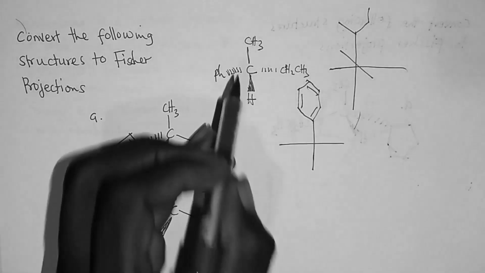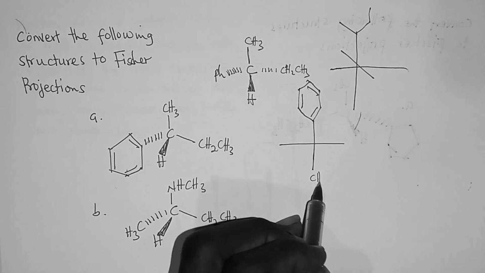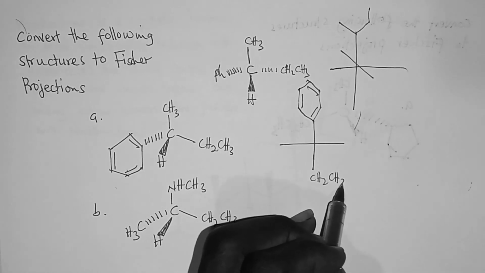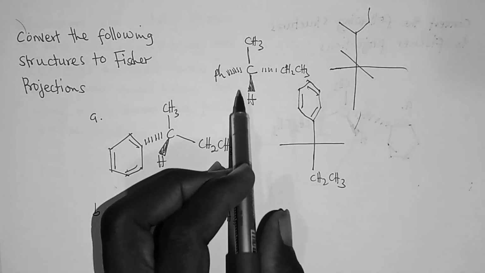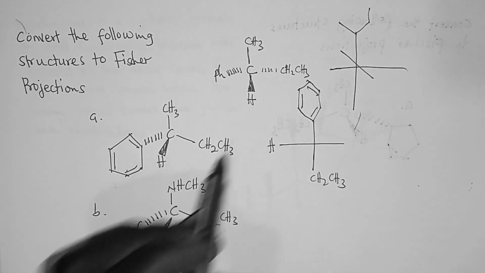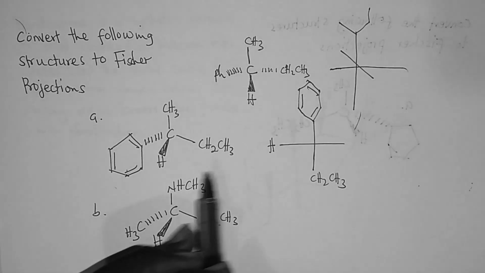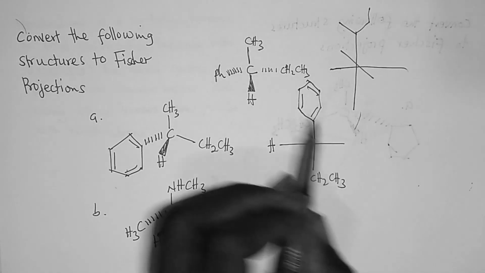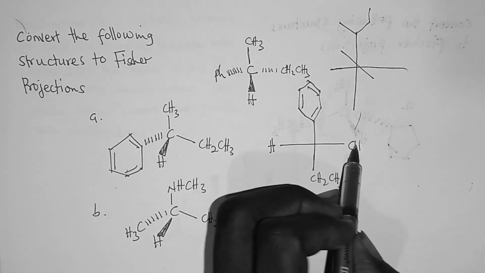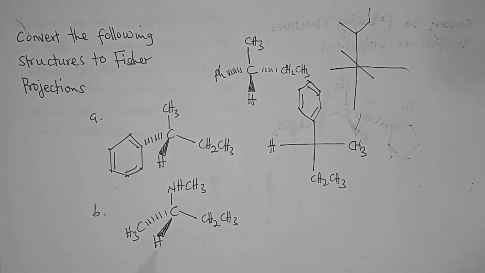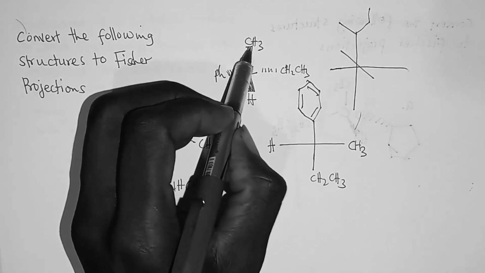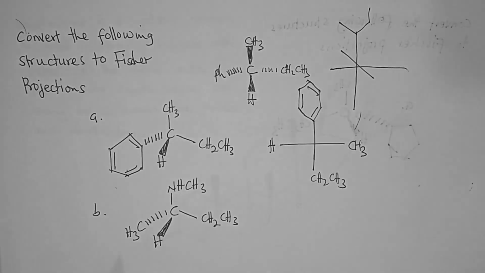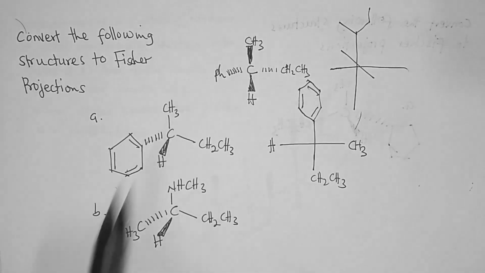And then the CH2CH3, the ethyl group, will be down here. And then the proton, which is pointing towards us, will be on the horizontal line. And then the CH3 will also be on the horizontal line. So this is CH3 on a wedge bond.